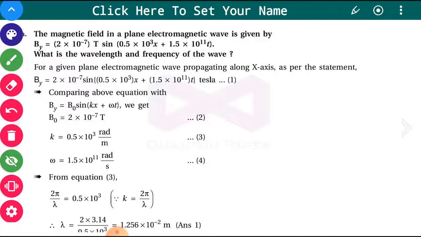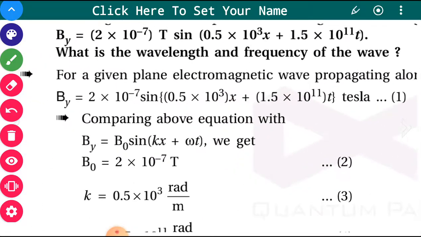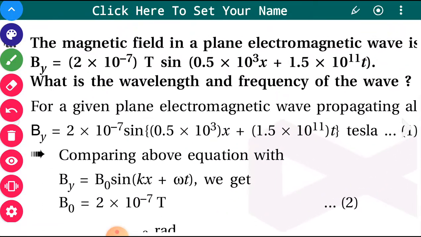So this is the equation of the oscillation of the magnetic field vector. What is the wavelength and frequency of the wave? Write an expression for the electric field.